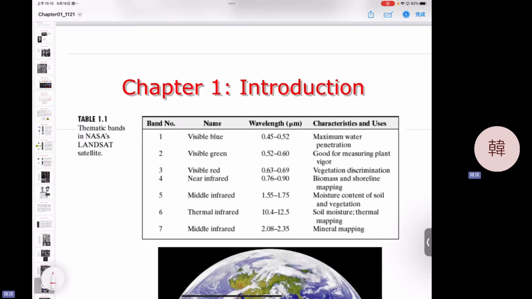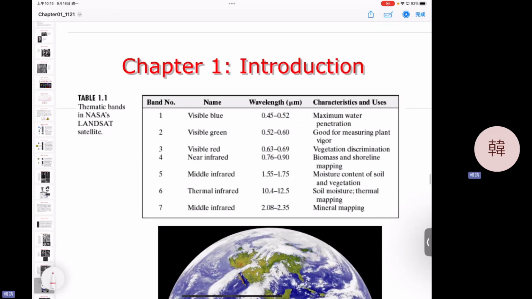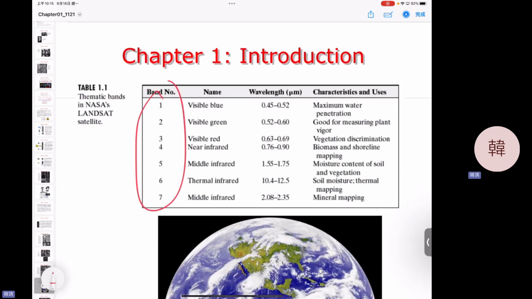If you have a satellite and receive the image from the satellite with different bands. This one is the NASA Landsat satellite. It uses different visual band wavelengths to observe the image, and you can see different bands, like infrared, thermal infrared, and middle infrared, all within a small wavelength range, and you can observe different results.